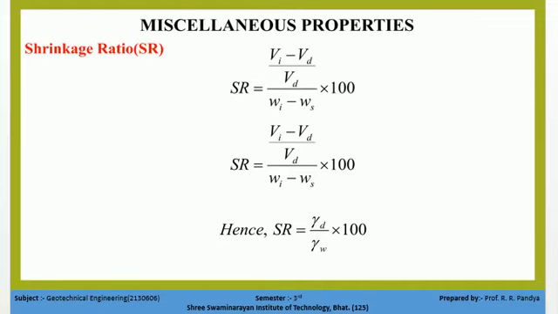If we rearrange this equation, then we know that weight by volume is considered as density. So this equation will become shrinkage ratio equals gamma d over gamma w into 100, the density of dry soil upon density of water, into 100.